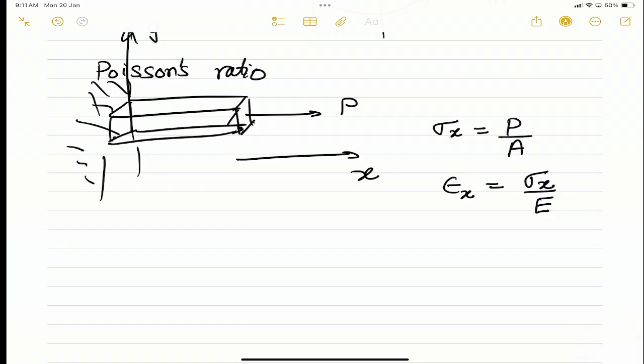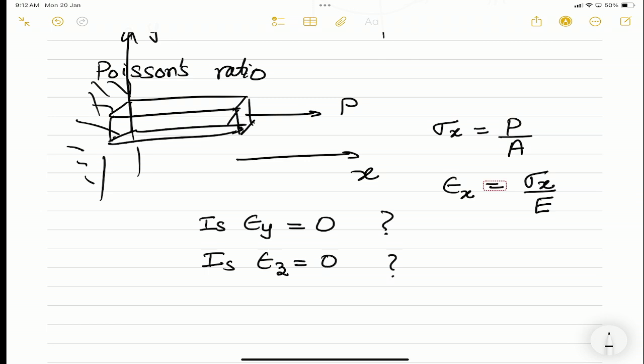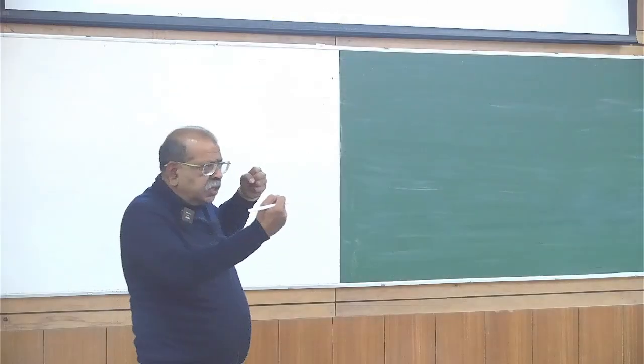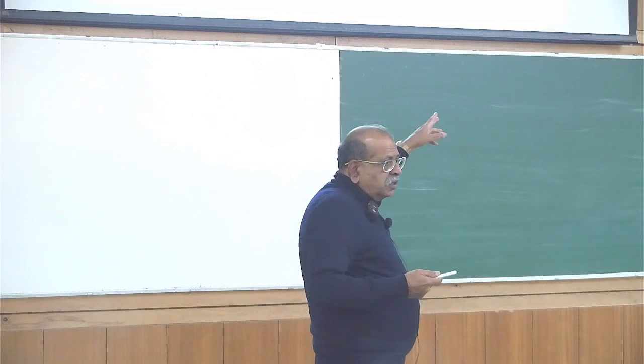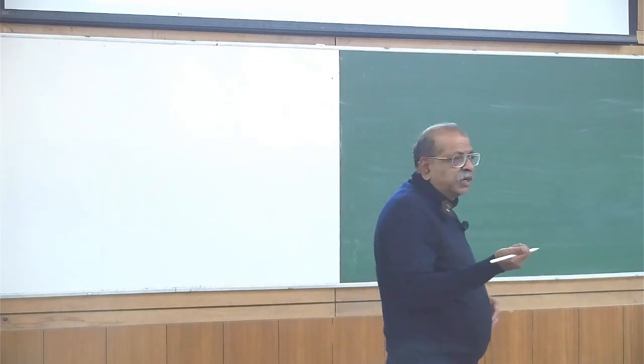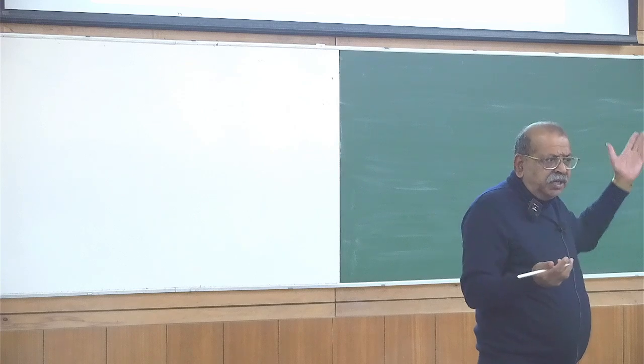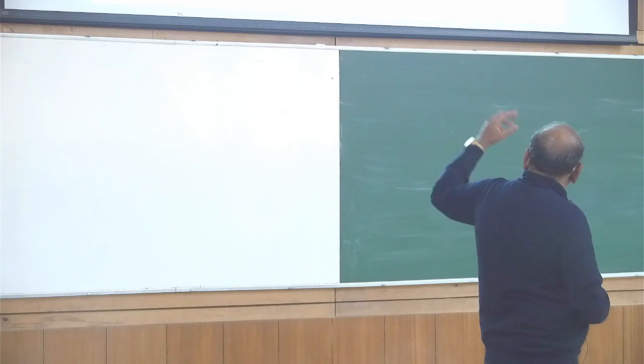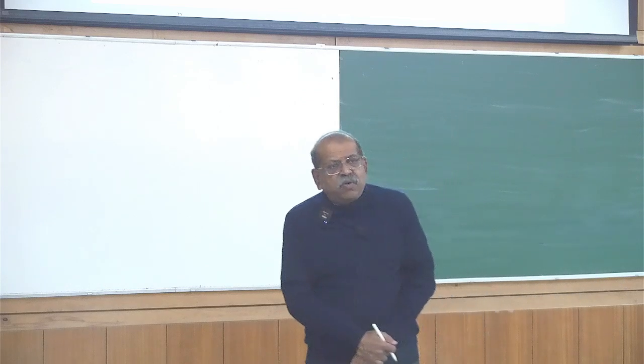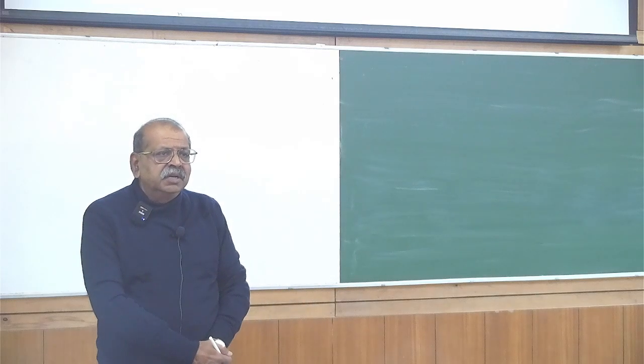Now we are pulling the material in the x direction. Notice, very subtly, I have introduced a subscript with epsilon to tell me the direction. In the x direction, the strain is given as sigma x upon E. This is the loading which we saw. Now, the question I am asking is: is the strain in the y direction and the z direction 0 or not?